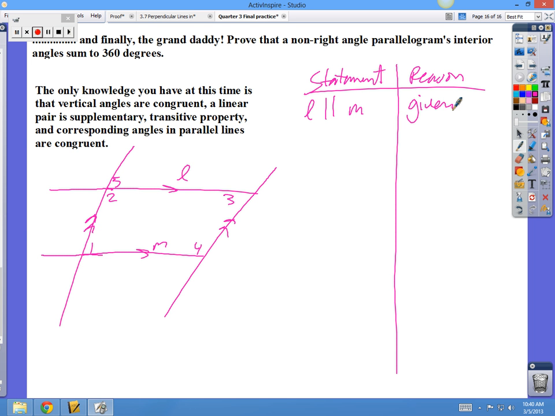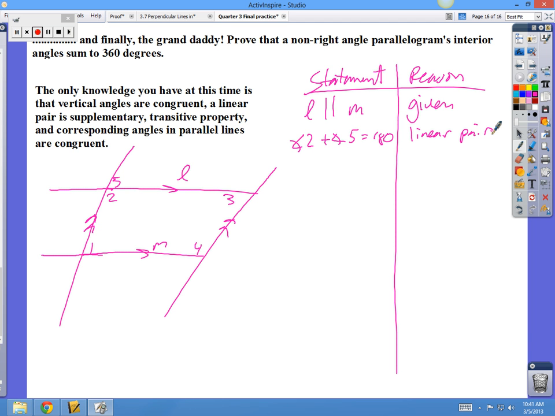So we know those lines are parallel. If we know those lines are parallel, we can make some assumptions about corresponding angles. So I put 5 there because it's going to correspond with 1. So now I'm going to say angle 2 plus angle 5 equals 180 because that's a linear pair.